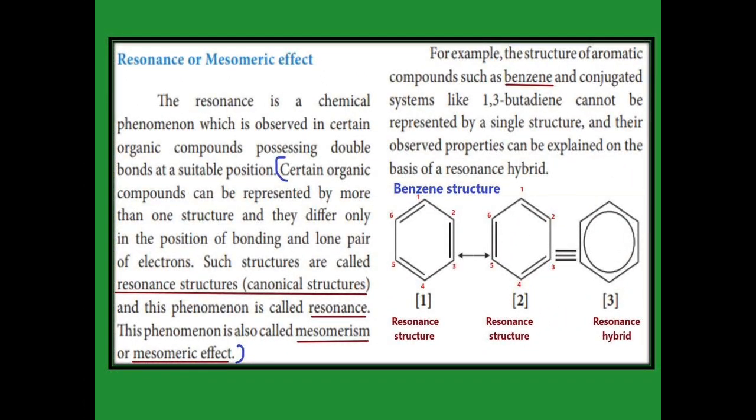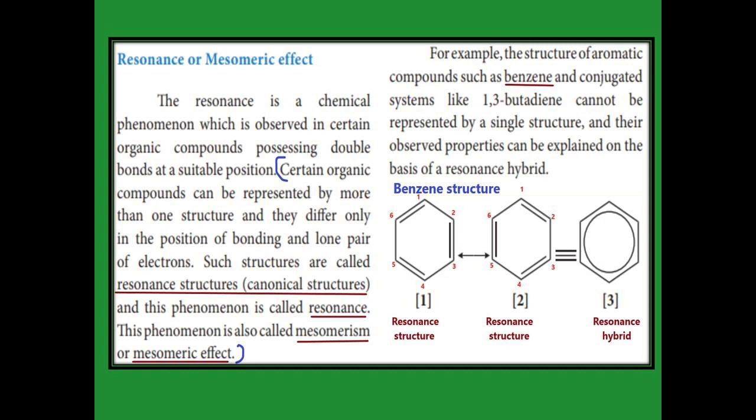Our next effect is the resonance or mesomeric effect. Before going to the effect, let's see an example, the benzene structure. In the first resonance structure, between carbons 1 and 2 there is a single bond, 2 and 3 a double bond, 3 and 4 a single bond, 4 and 5 a double bond, and 5 and 6 a single bond.